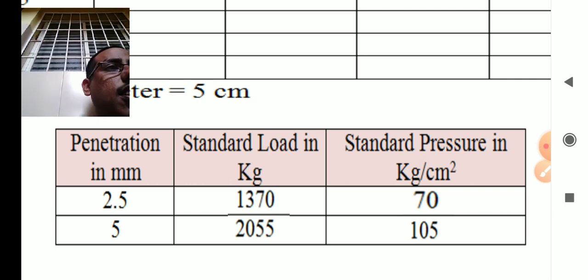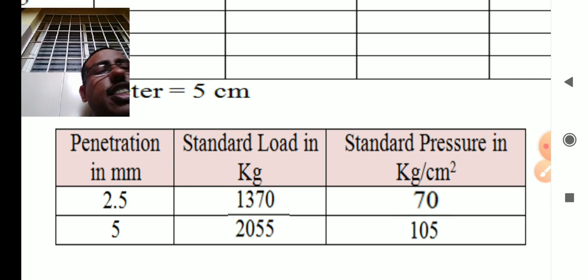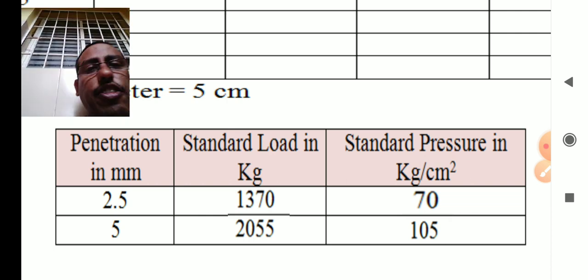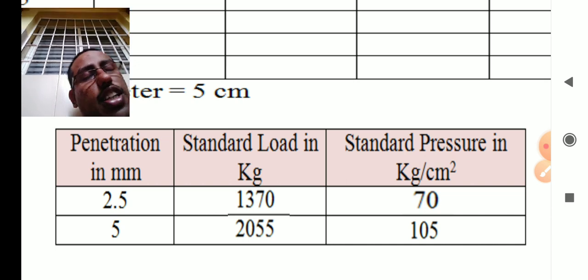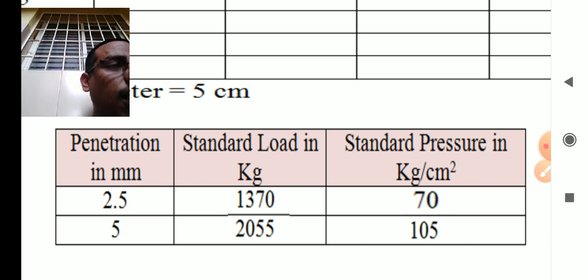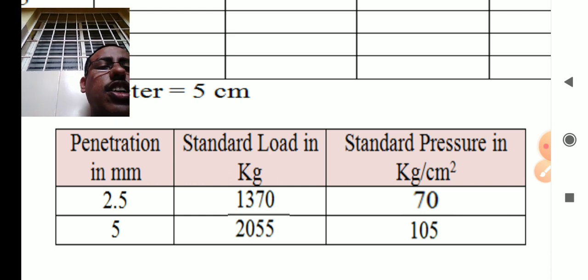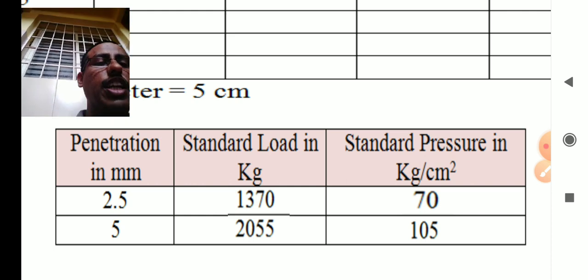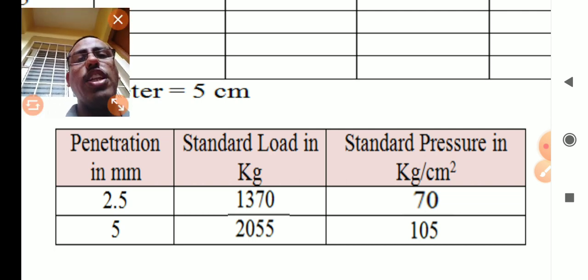The other geotechnical lab experiments, like consistency and direct shear test, we don't need for highway design. Only consistency index and CBR we want for highway design. That's why the CBR experiment is kept in the highway lab, only for that reason.